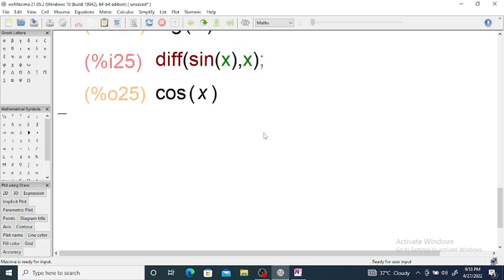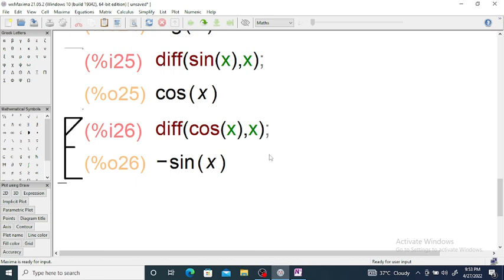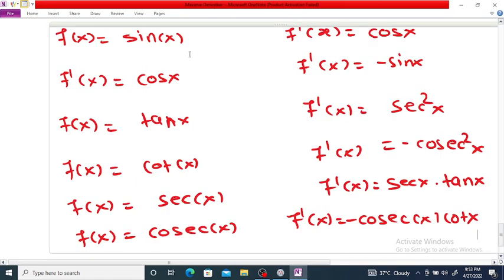You get directly cos x. Similarly, diff of cos x with independent variable x, its derivative is minus sin x. So the derivative of sin x is cos x, and the derivative of cos x is minus sin x.